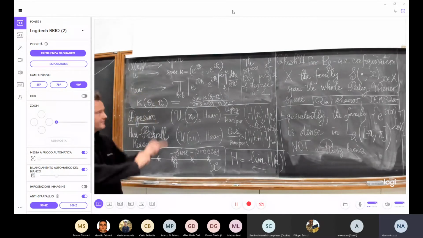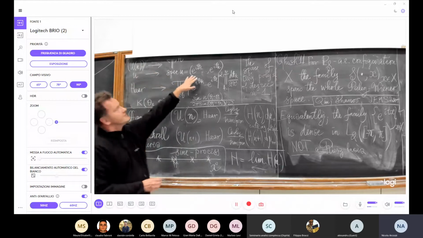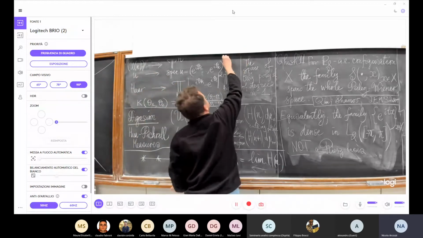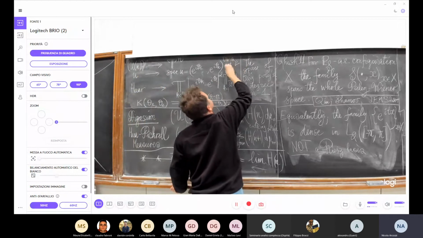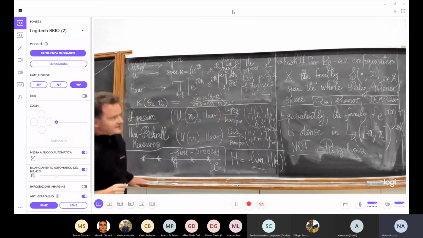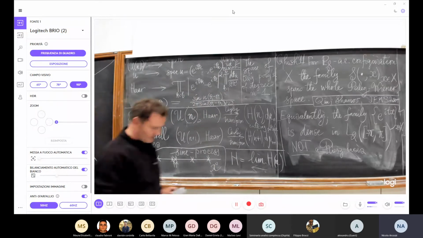So this configuration is a uniqueness set and a minimal set. This is precisely what is not the case in infinite dimension.